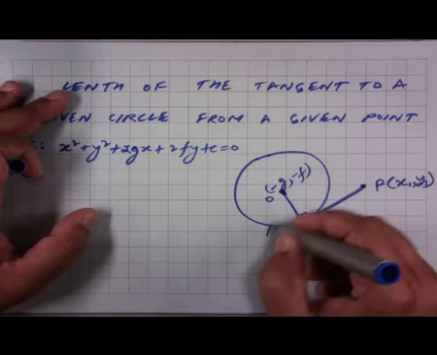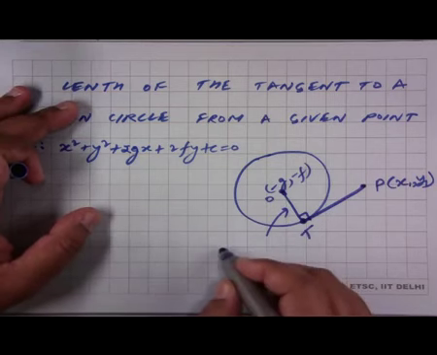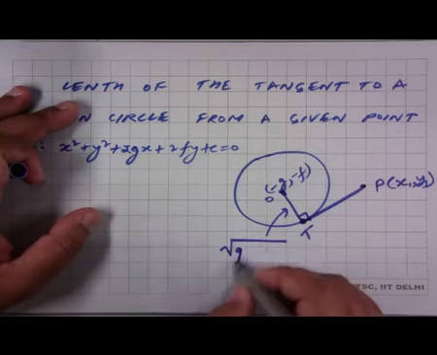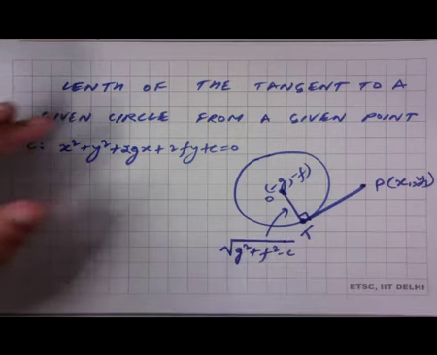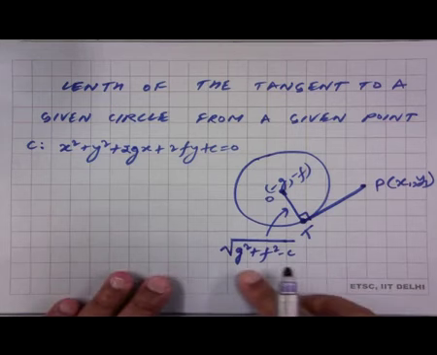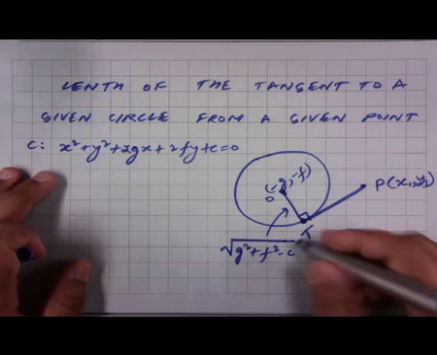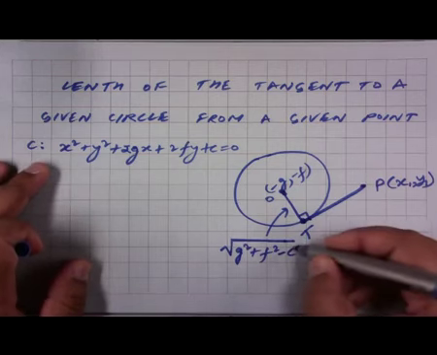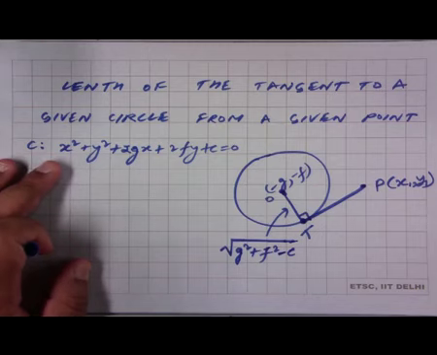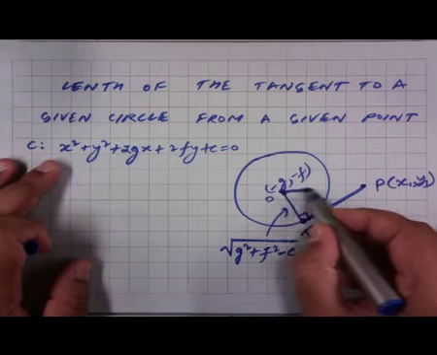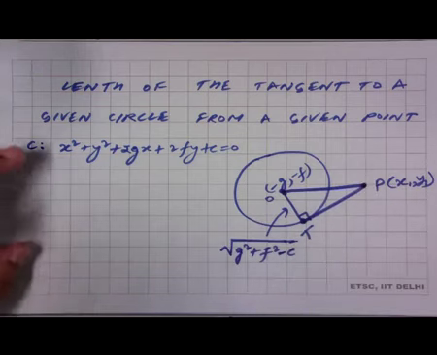We know that this length OT is the radius of the given circle, which is the square root of g square plus f square minus c. And this distance can also be calculated.